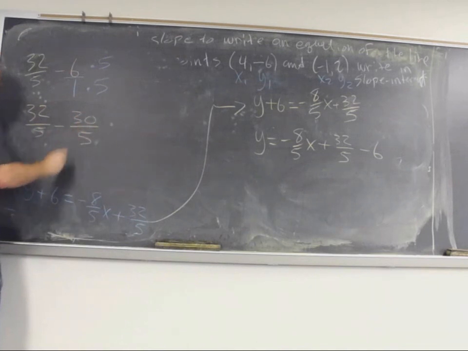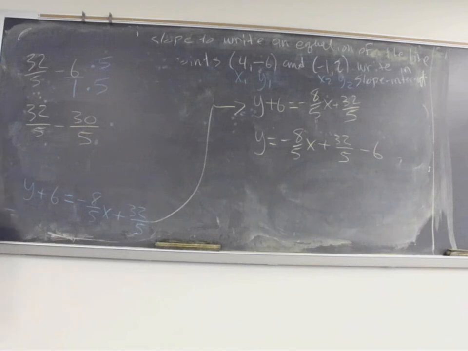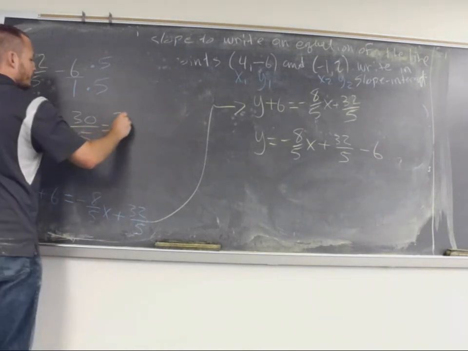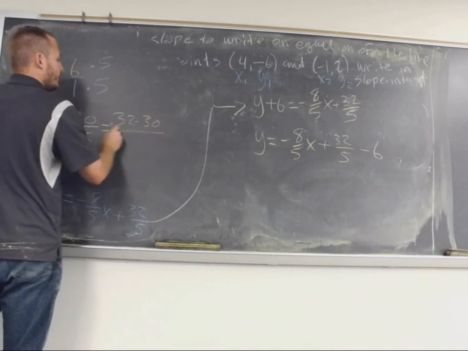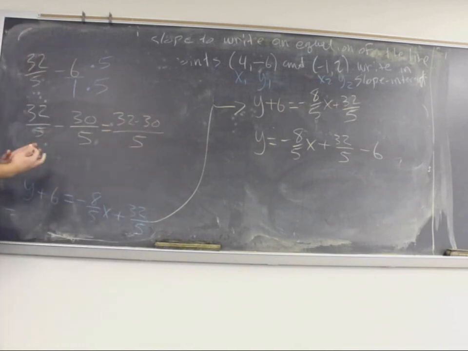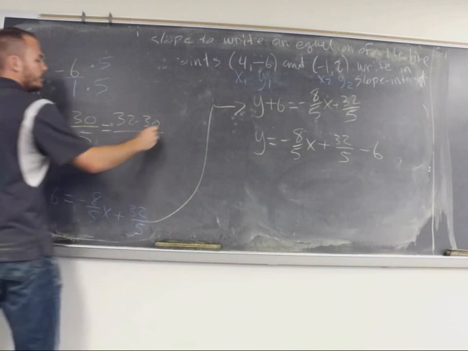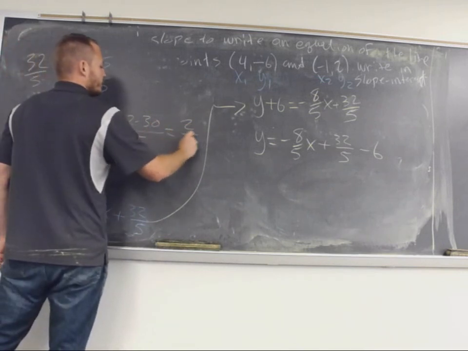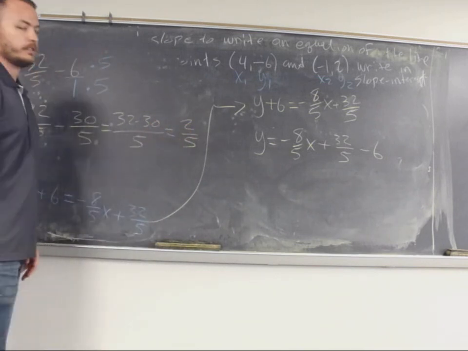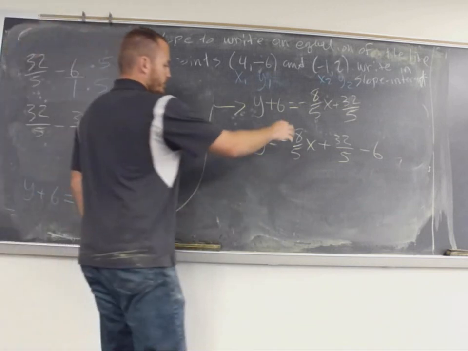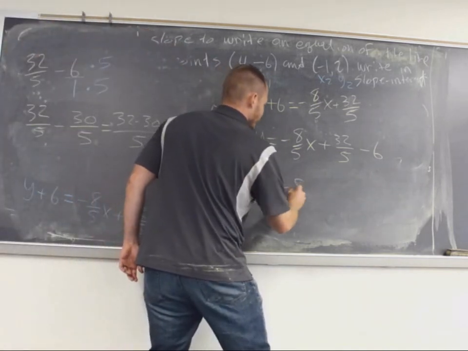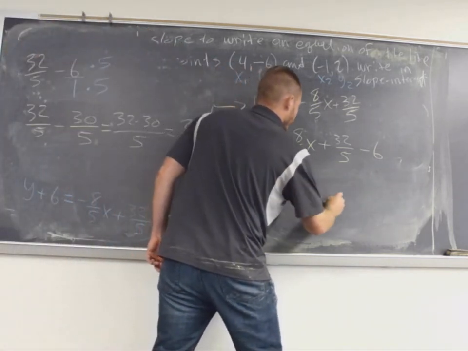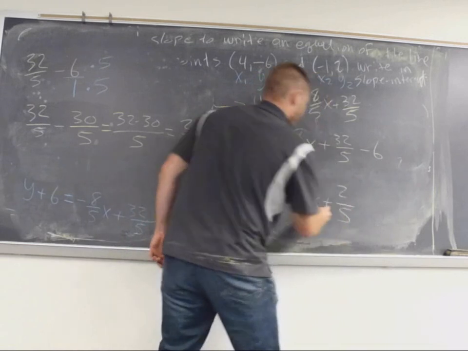And then the bottom, 1 times 5 is 5. And then now that you have the same denominator, you can just subtract them. So you get 32 minus 30 over 5. So you just combine the numerators since the denominators are the same now. And that's equal to 2/5, positive 2/5. And you just plug that in over here. So negative 8/5 x plus 2/5.